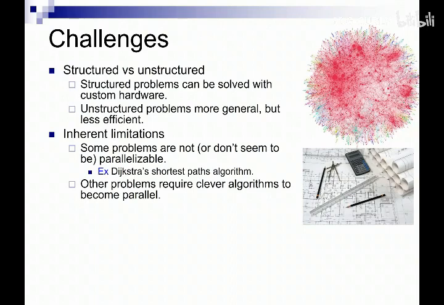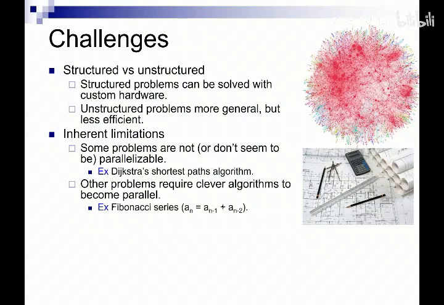Now, there are other algorithms which look like they're sequential, but they're actually not, right? You could come up with a more clever algorithm to solve these problems in parallel. One example would be computing the Fibonacci series. The Fibonacci series is a series of numbers, and the way you get the next number is that you add up the previous two numbers.